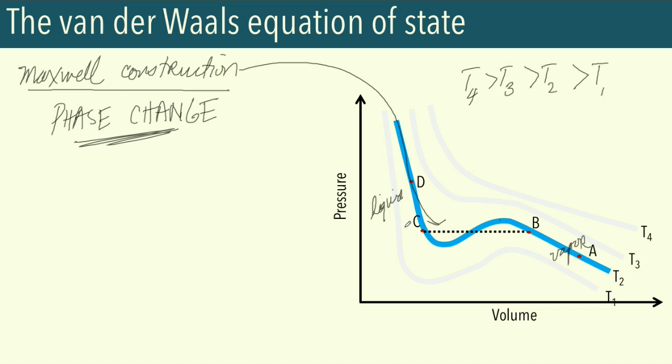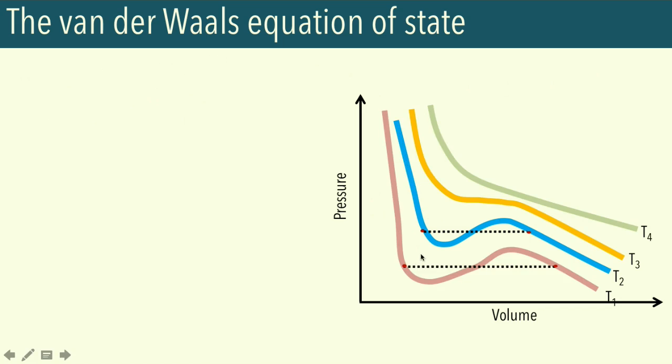We could also construct other Maxwell constructions for the other isotherms, so this also corresponds to another phase change. If you are along this line here, note that you have constant pressure, a fixed pressure. Let's call this P2, and let's call this P1. You have a constant pressure, but note that your volume is changing.